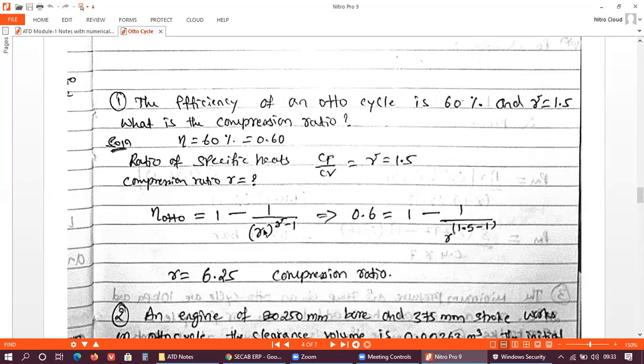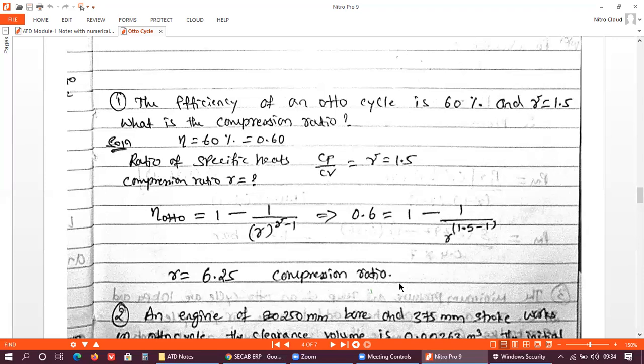So 0.6 is equal to 1 minus 1 divided by R raised to 1.5 minus 1. This is nothing but 1 divided by R raised to 0.5. So R is equal to 6.25, the compression ratio.